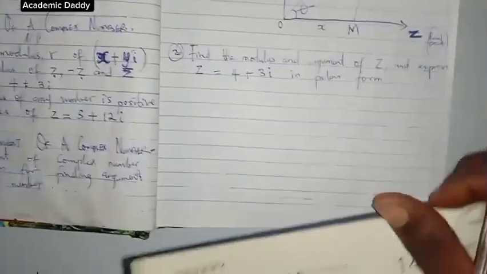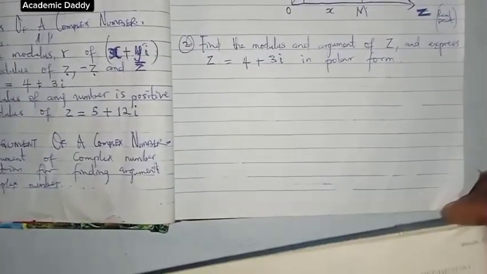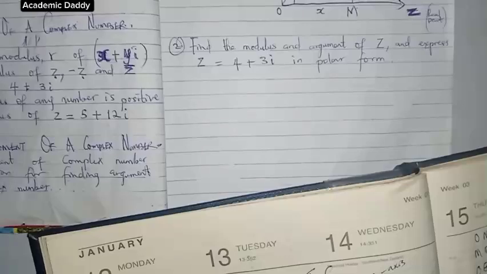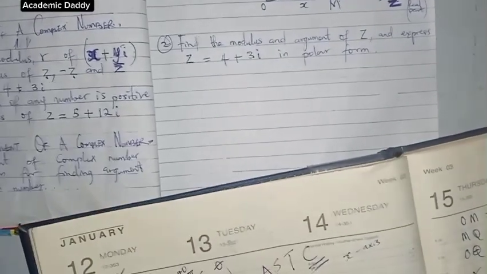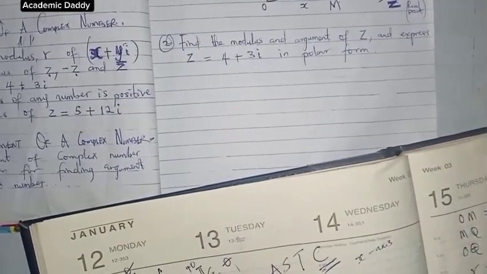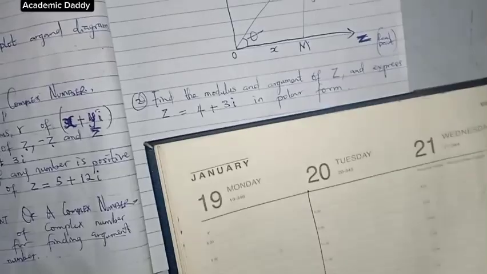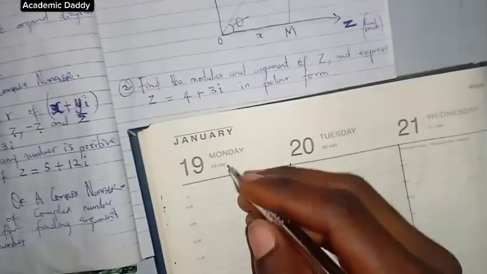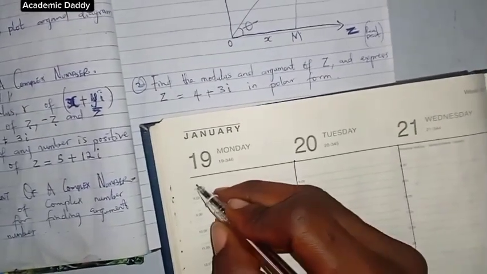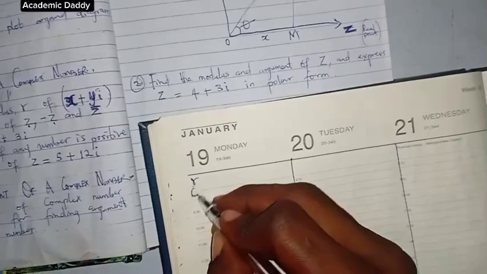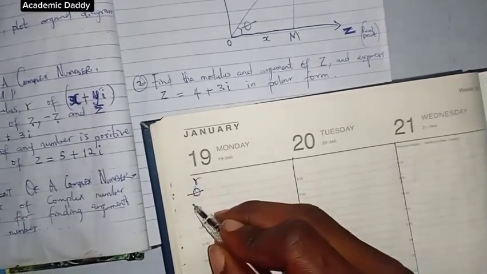So if I know this, find the modulus and argument of z and express z equals 4 plus 3i in polar form. All right, let's see if we can do it. Modulus is r, argument is theta, then the polar form.